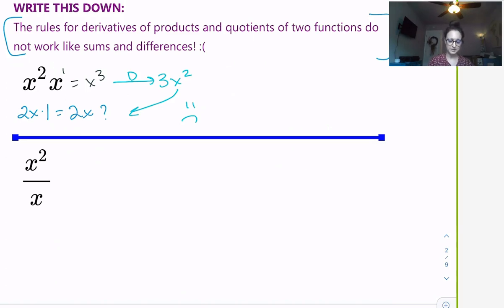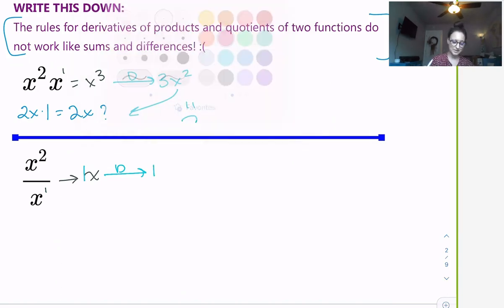Let's try the same thing here. So let's say x squared divided by x. Well, that is equivalent to just x, right? So the correct derivative should be what? What's the derivative of, I'll give you a hint, 1x. The slope of that line is always 1, right?